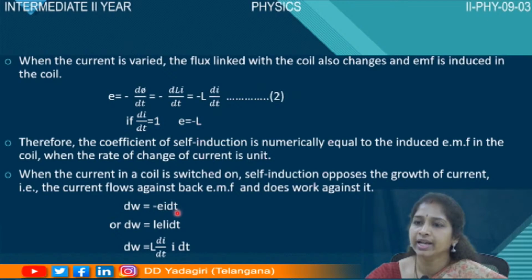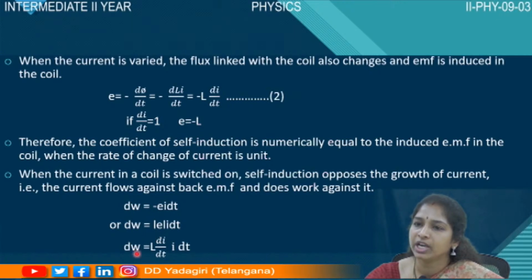Before integrating, substitute the value of E from this equation. If I substitute, what will I get? dW equals L di by dt into I dt. In place of E, I wrote L di by dt. If you are confused by the negative sign, just forget about it, because it only indicates the direction. I have taken only the magnitude.